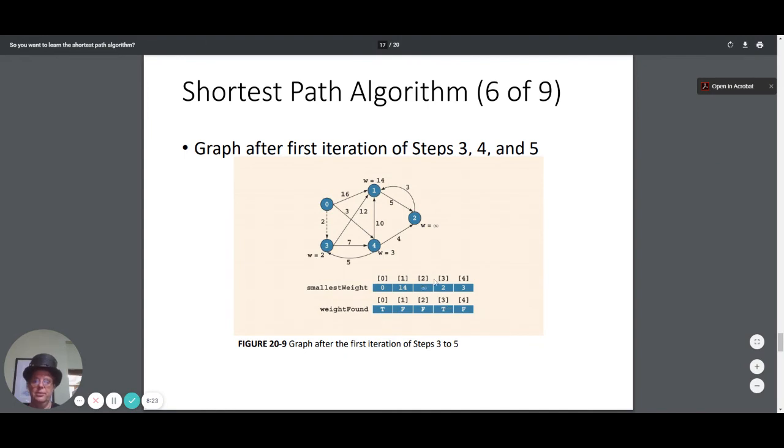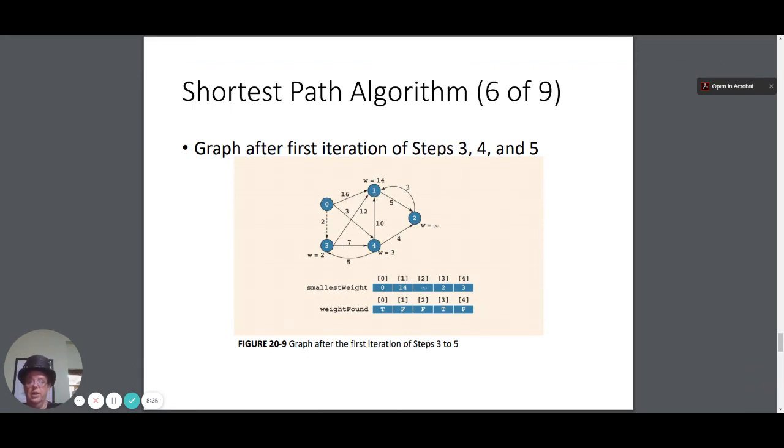Now we update things. To get from 0 to 1, we can now go through vertex 3, which is 2 plus 12, that's 14. So it's actually cheaper to get to 1 than going there directly, going through that route. We still can't get to 2, and our cost to get to 4 is 3.